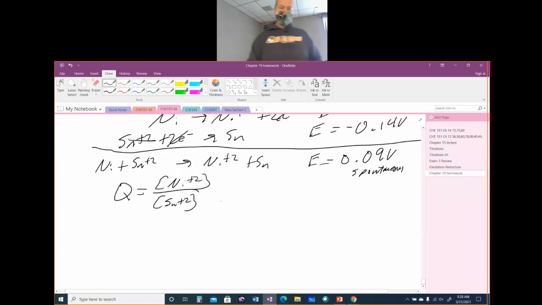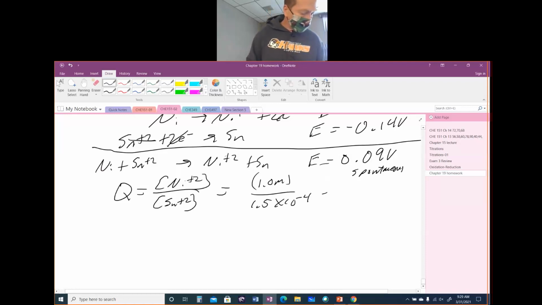Remember, no liquids or solids will go in there. If it were a gas in this reaction, you would put pressure in atmospheres. But they give you those numbers. They tell you that your concentration of nickel is 1 molar, and they tell you that your concentration of tin is 1.5 times 10 to the negative 4.